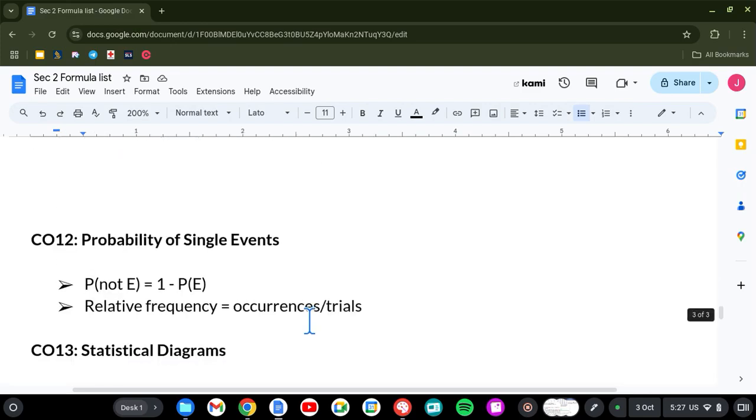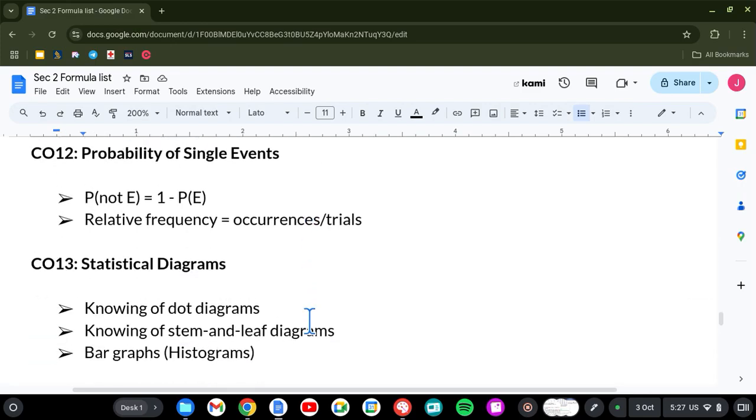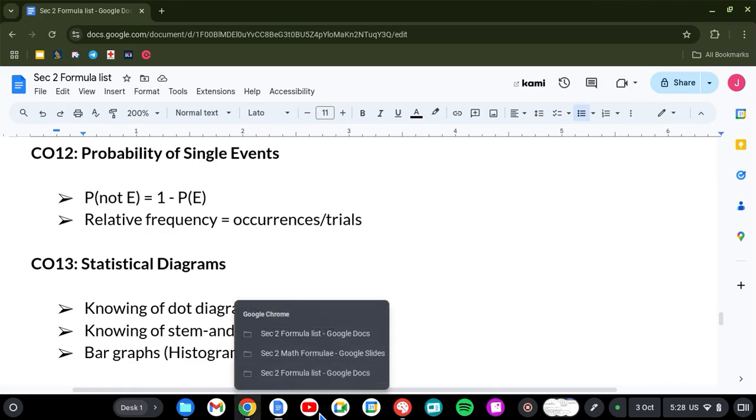Alright, chapter 12. The probability of a single event. So for probability, they'll usually give you, let's say I have a red ball here. Yes, this is a red ball. This is an orange ball.